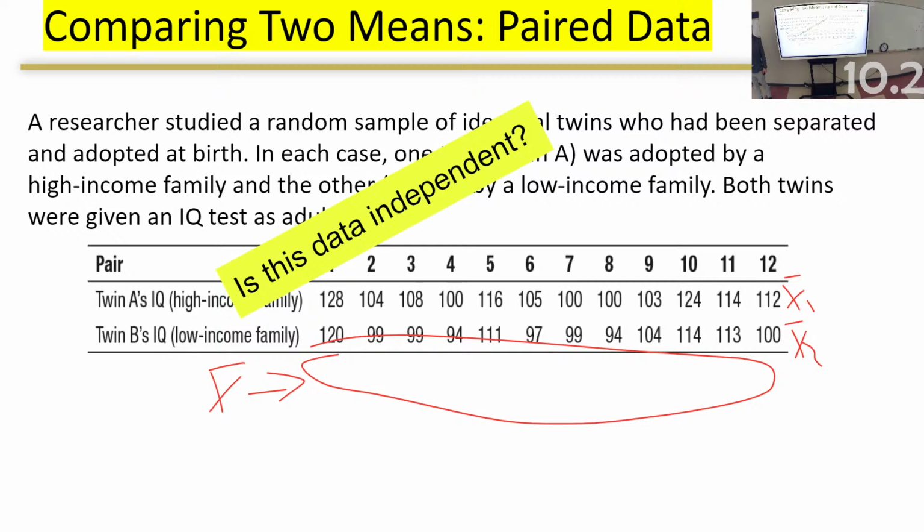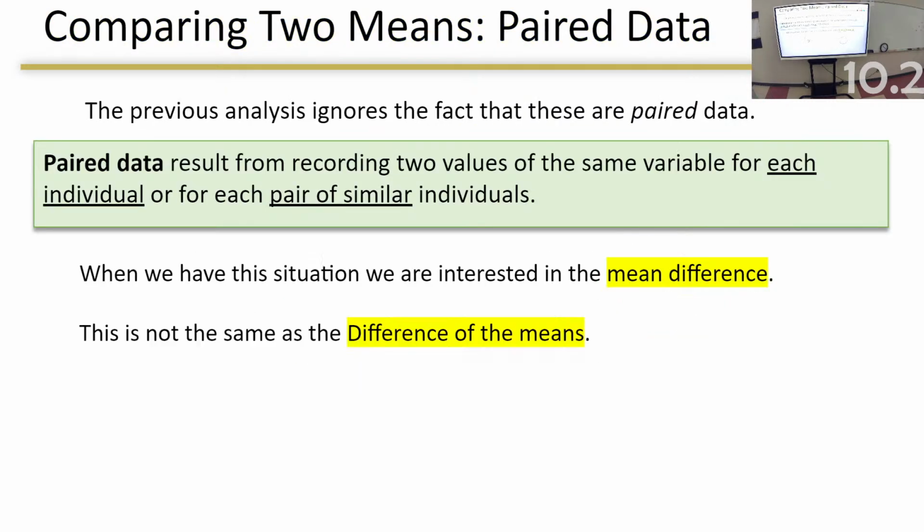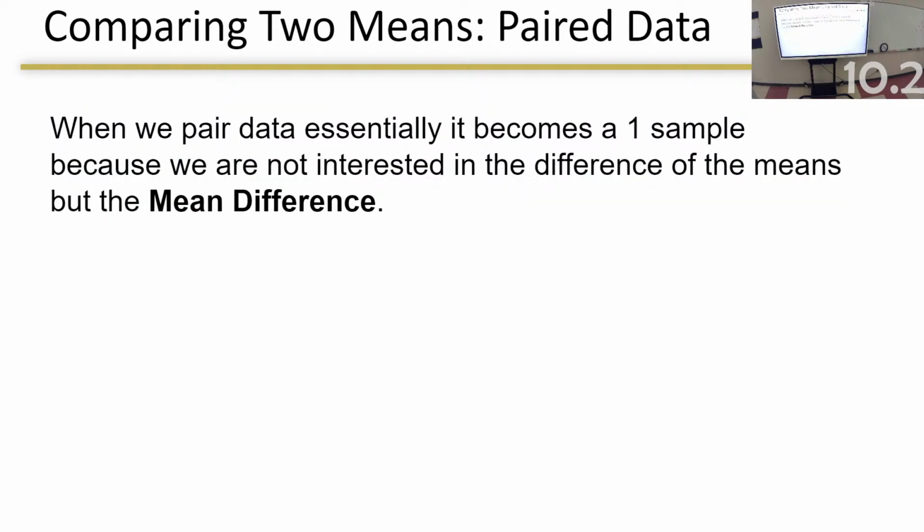This is not the same as the difference of the means. When we pair data, it essentially becomes one sample. We are not interested in the difference of the means, but the mean difference. And just write it like it says, and you'll be less likely to mess up.